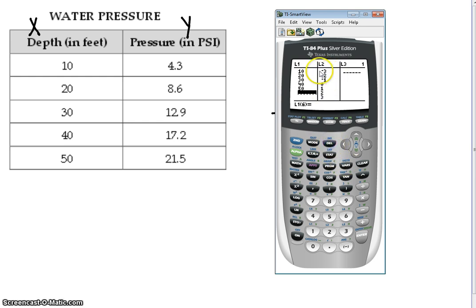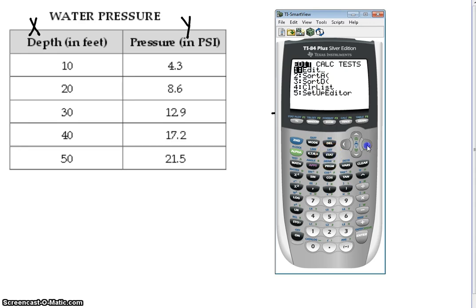So then over here, you're going to have 4.3, 8.6, 12.9, 17.2, I've got mine off, 17.2, 21.5. Then we'll delete these off.